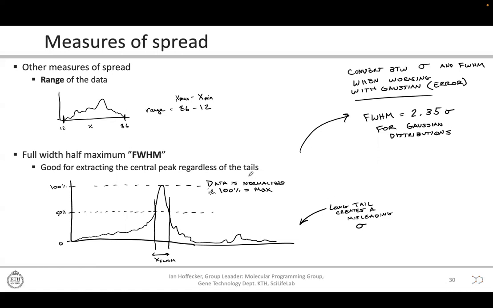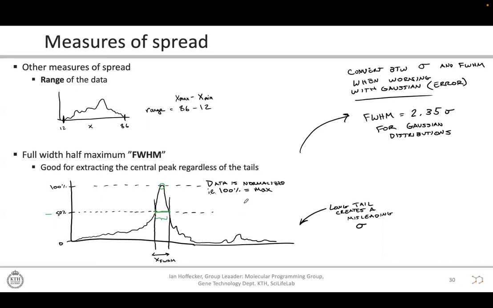We also have the full width half maximum. So if we were to normalize our data and identify the maximum, the full width half maximum would be the range corresponding to the space that falls between these two points, where these two points have a height that is at the 50% mark of our maximum, the half maximum, and then we want this width here.